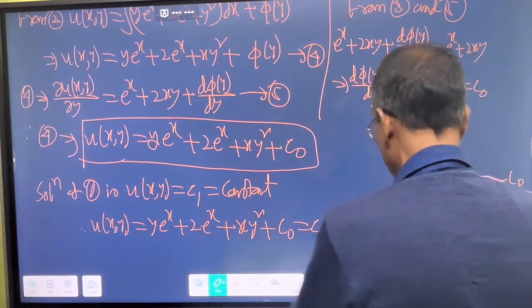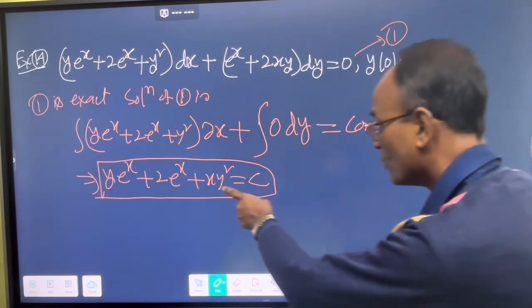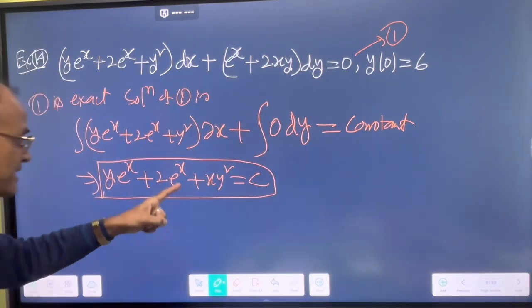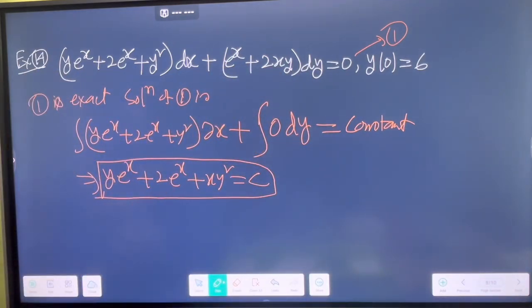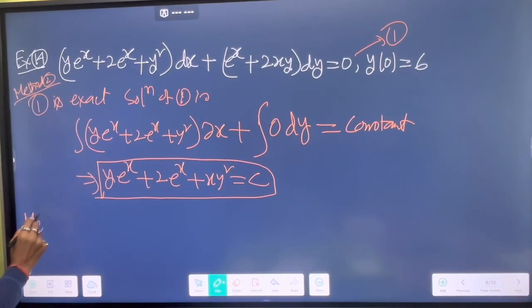Previously also, we got y e to the power x plus twice e to the power x plus x y square equal to c. This is method 2. Now method 3.